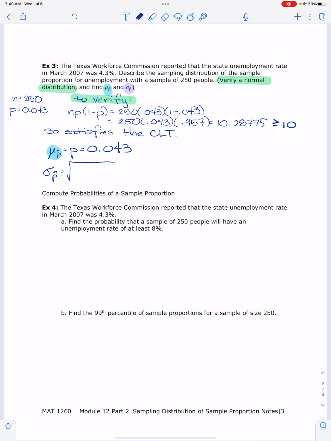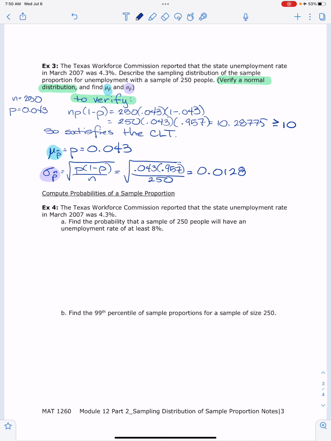Here's our formula for standard deviation. So I have the square root of 0.043 times 0.957 divided by our sample size of 250, and we get 0.0128. So there are our basics.